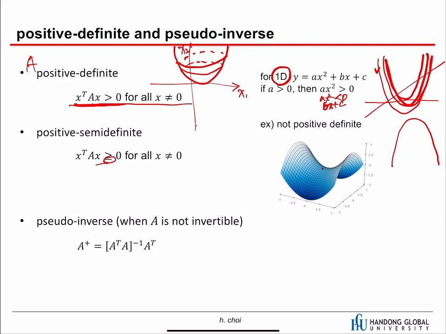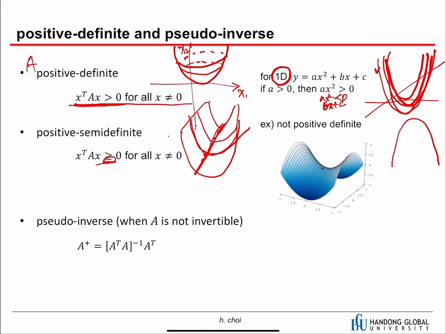And if we have equality here, then in some directions we have this shape, but in some directions we have a line. So in these directions it is a straight line, but in this direction we have this shape.